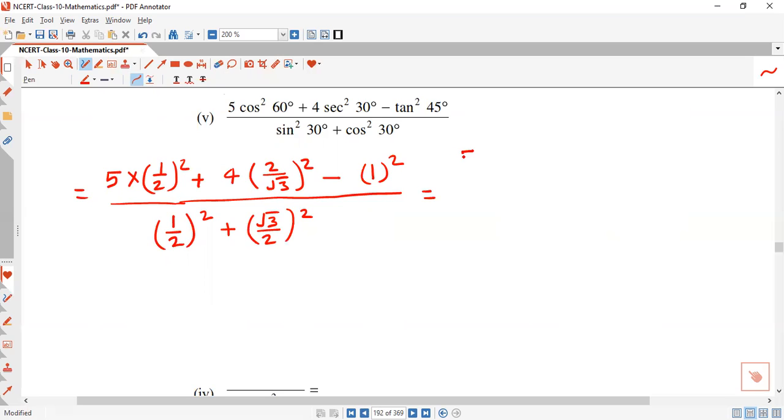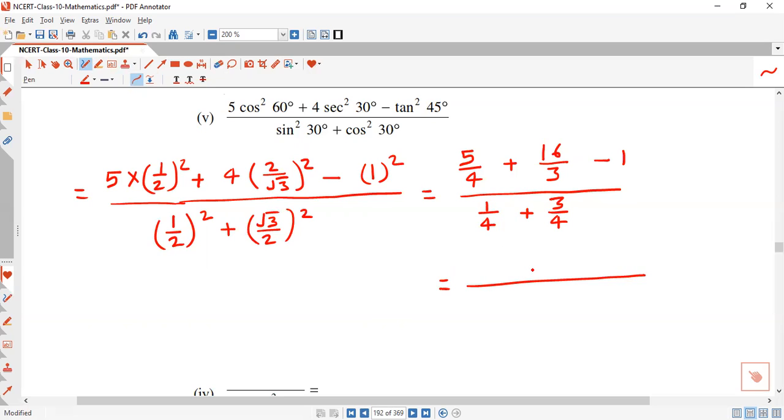Simplify this one. 5 by 4 plus 2 square means 4, 4 and 4, 16 divided by 3, minus 1, whole divided by half square means 4, plus root 3 by 2 square means 3 by 4. Want to simplify this one?